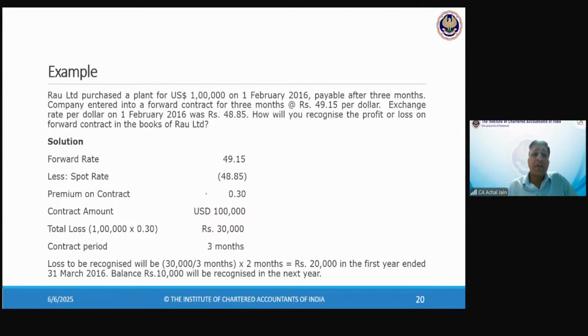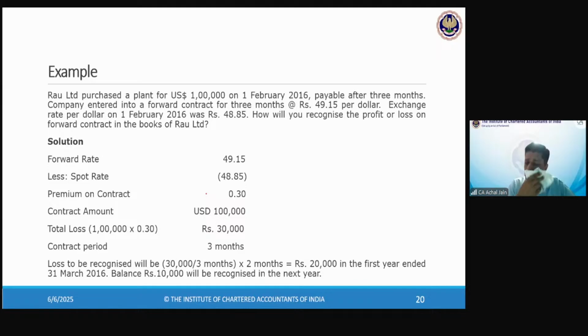Rao Limited purchased a plant for 1 lakh USD on 1st Feb 2016, payable after 3 months. Company entered into a forward contract for 3 months at the rate 49.15 per dollar.